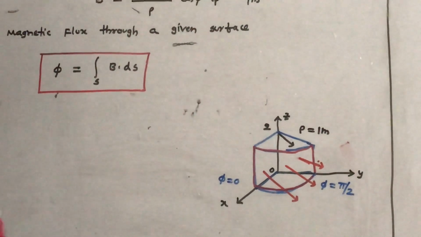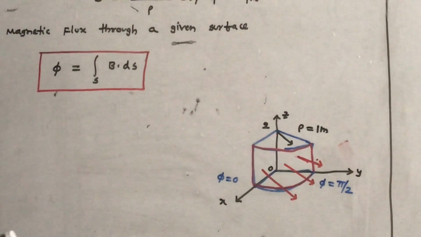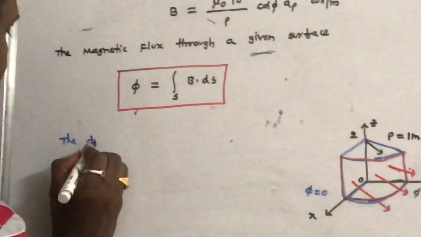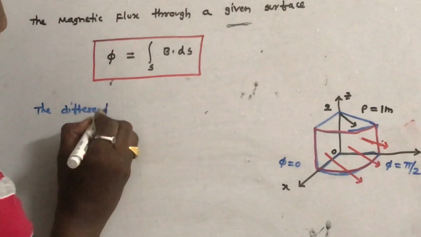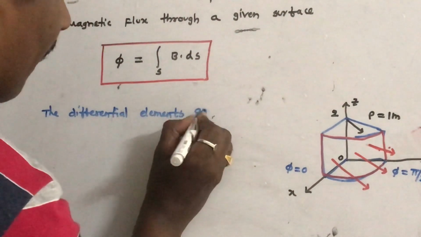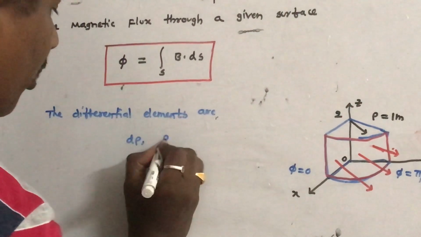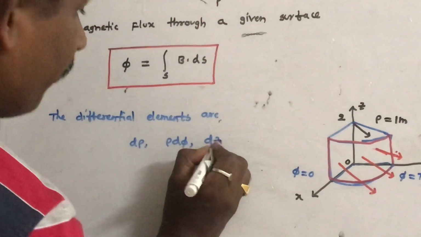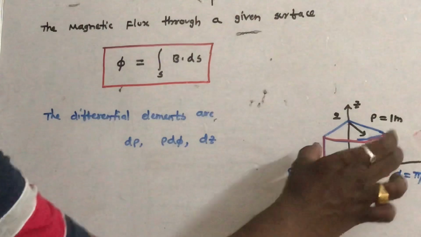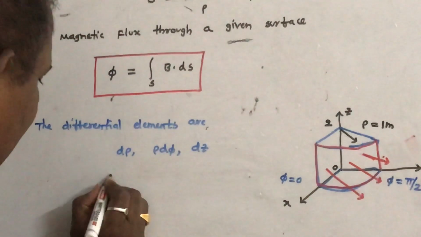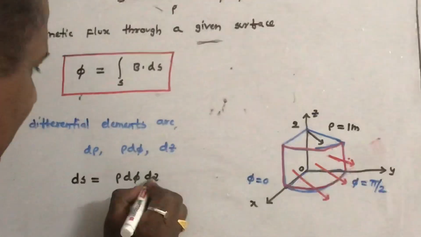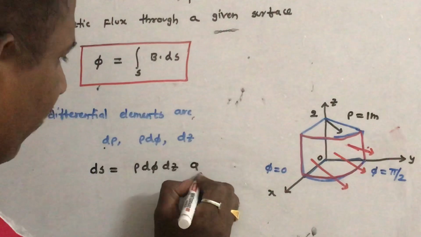For this problem, because phi is varying and z is varying, the differential elements are d rho d phi dz. Here phi and z are varying, while rho is not varying on the given surface. So what is the differential surface? ds is equal to rho d phi dz, multiplying these two, along with the unit vector a rho.